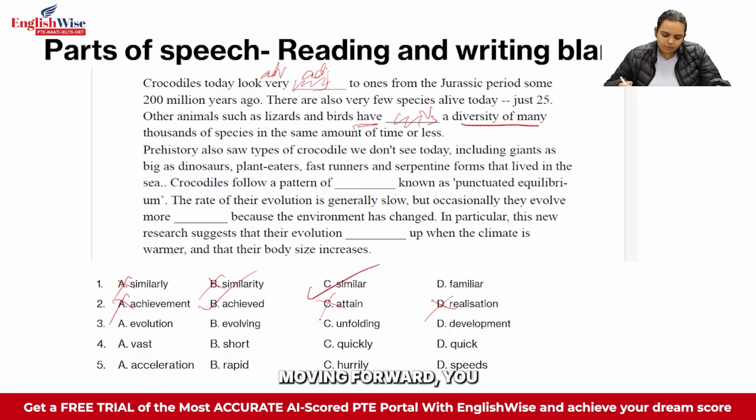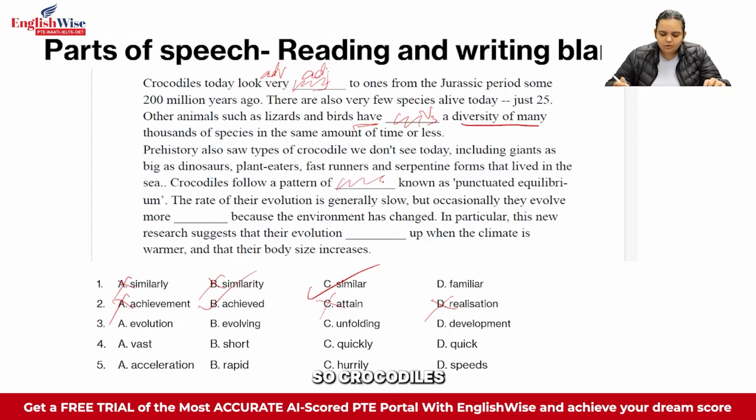Moving forward, you have prehistory also saw types of crocodile we don't see today, including giants as big as dinosaurs, plant eaters, fast runners, and serpentine forms that lived in the sea. Crocodiles follow a pattern of dash known as a punctuated equilibrium.